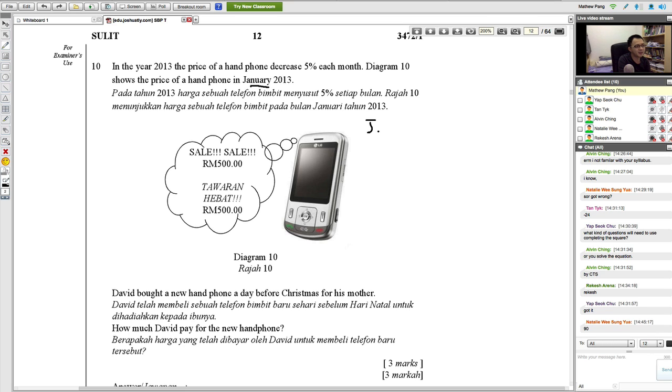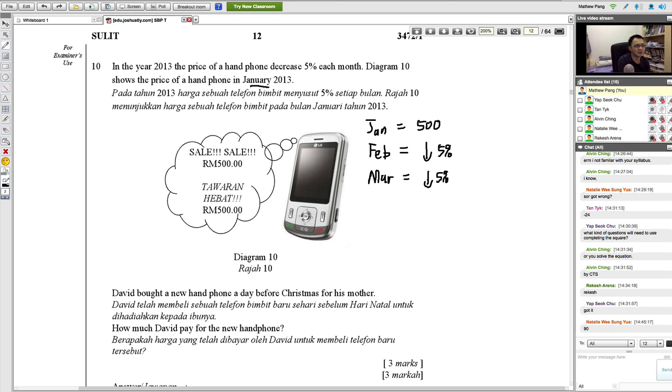On January, the phone is selling at 500. So I know that on February it will decrease 5%. So that means on March, it will decrease 5% again, but the 5% is from the price of February, decreased 5% again.